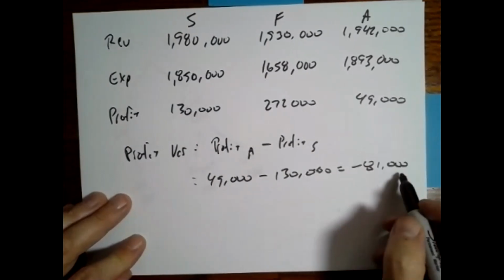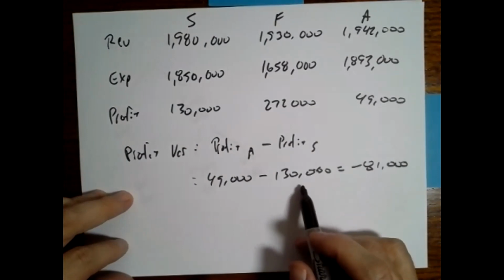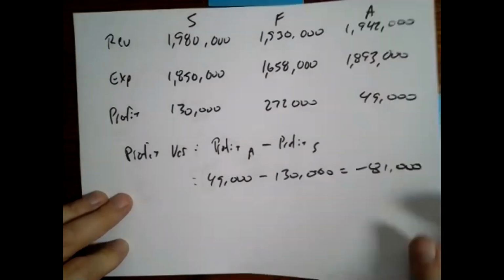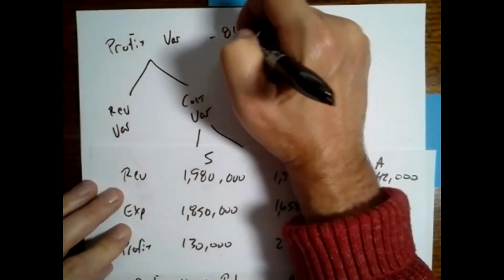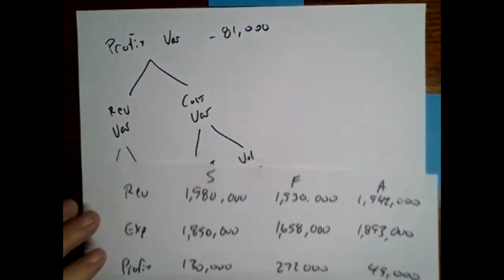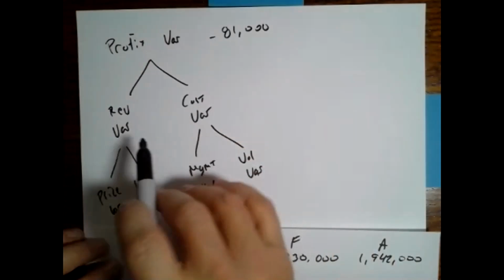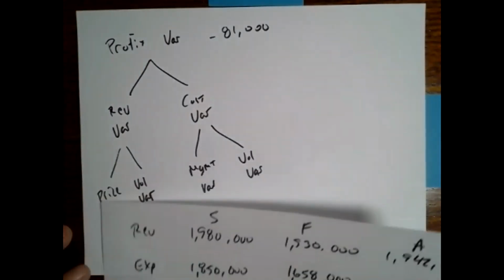So we were off in our profit estimate by 81,000. We thought we'd have a profit of 130, and we actually had a profit of 49. So our profit variance is minus 81,000. We put that at the top of our variance hierarchy, and we know that between revenue variance and cost variance, we have to come up with 81,000.